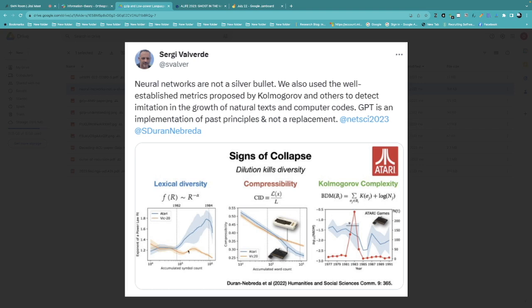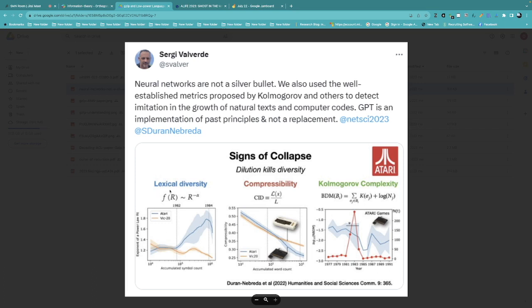They're looking at the accumulated symbol count, and then this is over time, I think 1982, 1984, and then the exponent of the power law. This is accumulated word count in terms of compressibility, and this is the Kolmogorov complexity versus the year. So when you program a game in one of these platforms, you get a certain amount of complexity for the game.